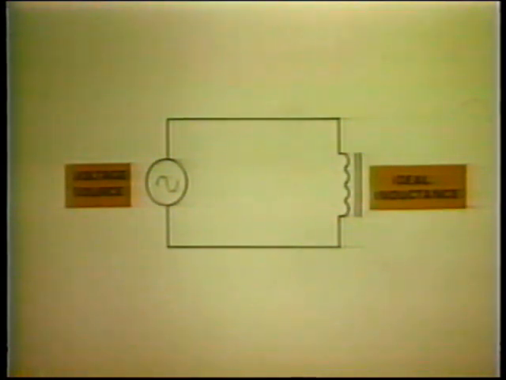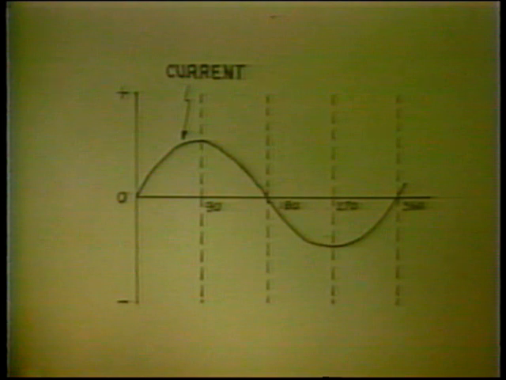Now let's analyze the waveform of the voltages and current in an ideal inductance when connected to an AC source. An ideal inductance is a theoretical coil that has zero resistance. The current in an inductive circuit takes the form of a sine wave if the applied voltage is of a sine wave form.